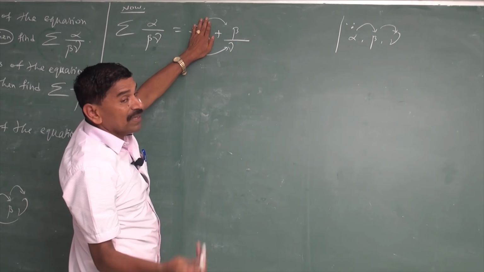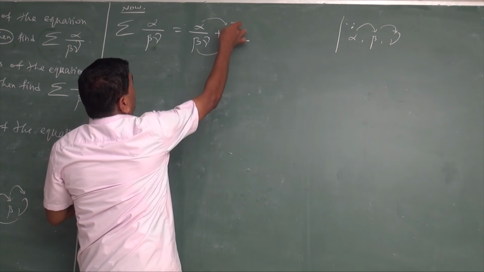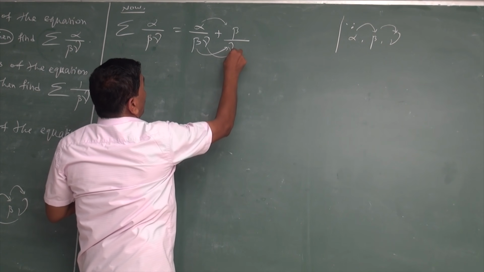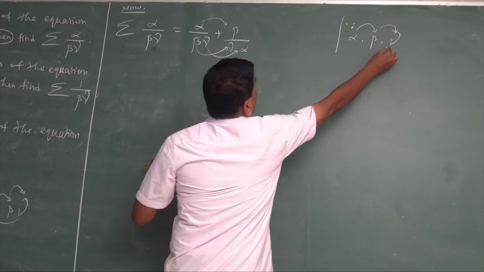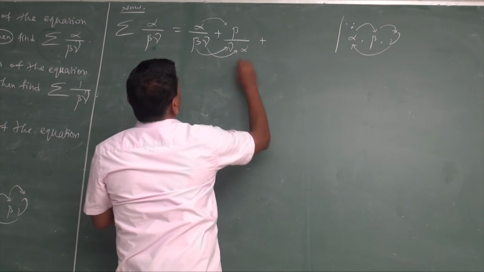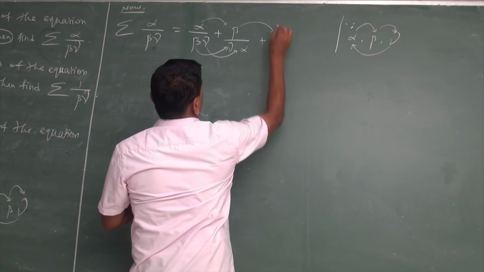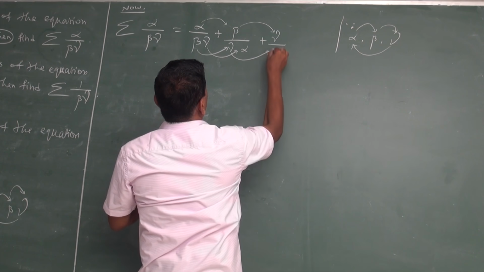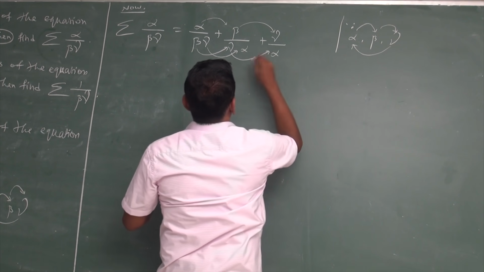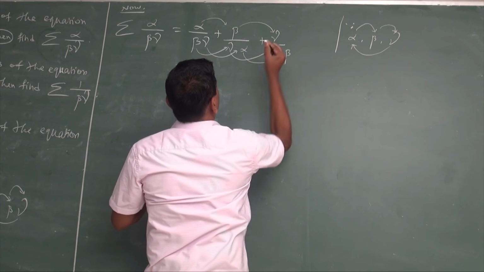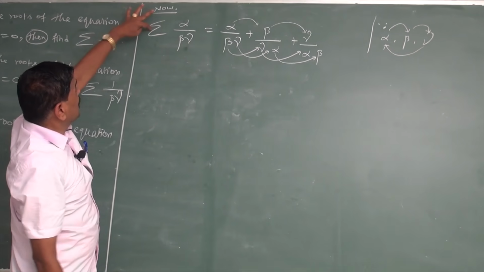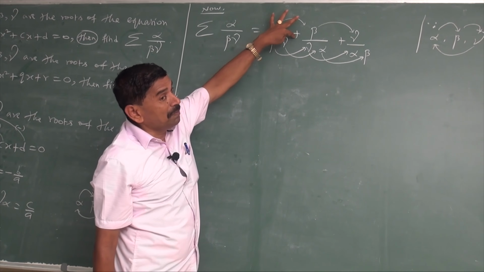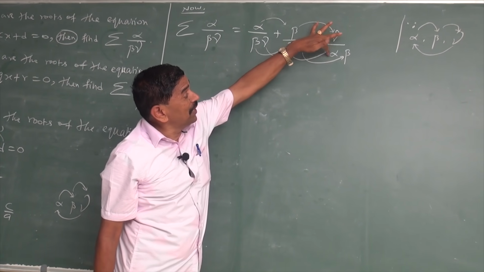Now using the cyclic order technique, beta by gamma alpha, and the next third term will be gamma divided by alpha beta. So sigma alpha by beta gamma is equal to alpha by beta gamma plus beta by gamma alpha plus gamma by alpha beta.